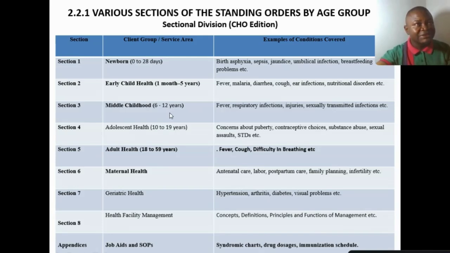So when such a person presents a case, where do you locate it? Do you go to section 4 or section 3? It depends on the condition the person is presenting. And remember, I said the adolescent section is for adolescent peculiar cases. You only see adolescent related or special cases there. You're not going to see a case like fever in the adolescent section, or respiratory infection or injury.